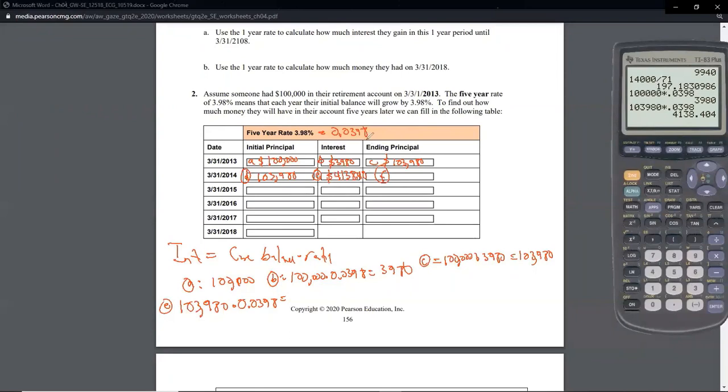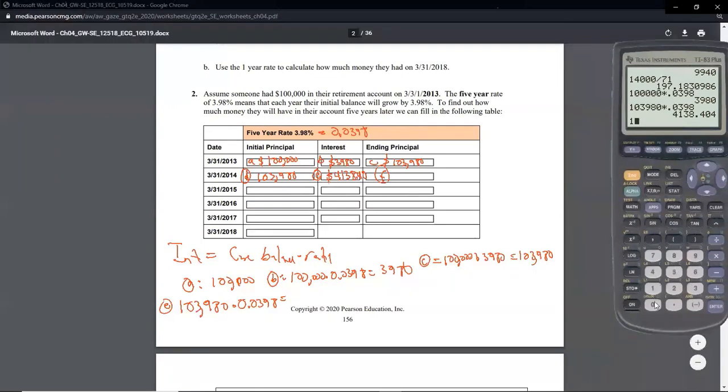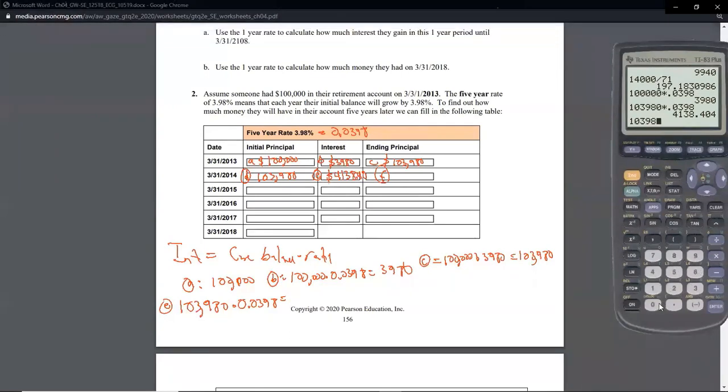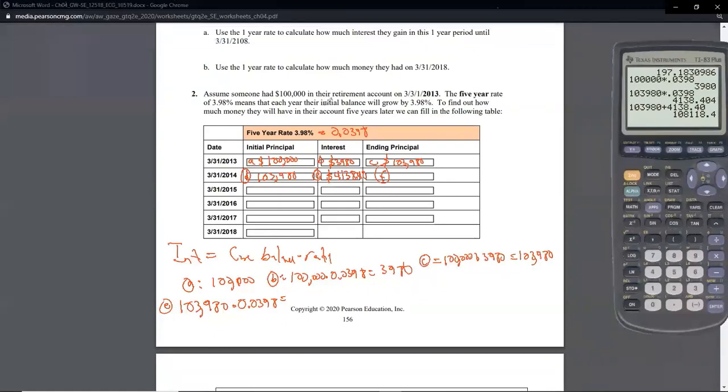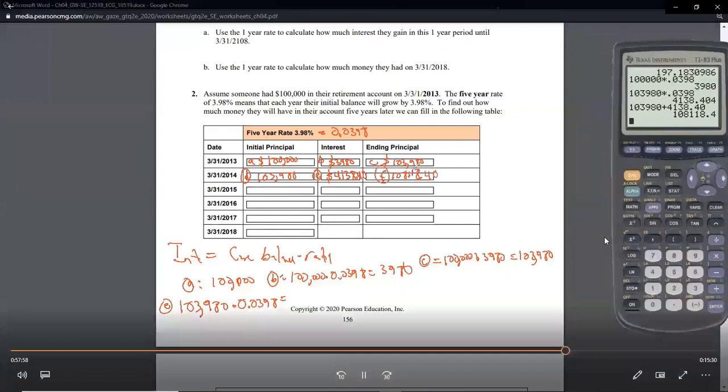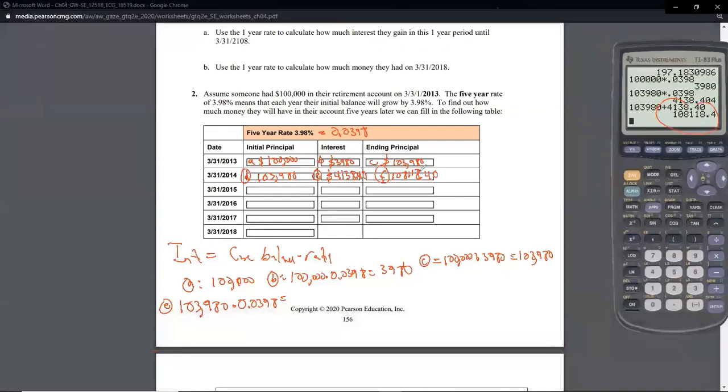So we're going to take the 103,980, and we're going to add the 4138.40 to give us 108,118. Sorry, it's a little sloppy. You can see the answer in the calculator, at least this is what that should be.